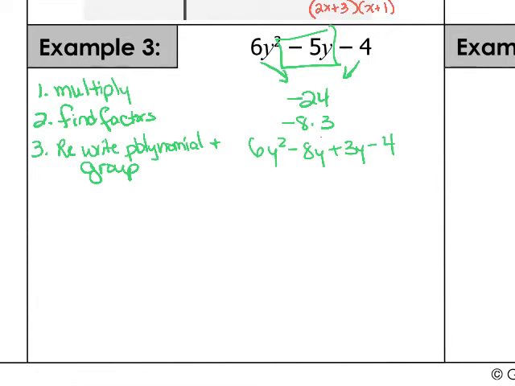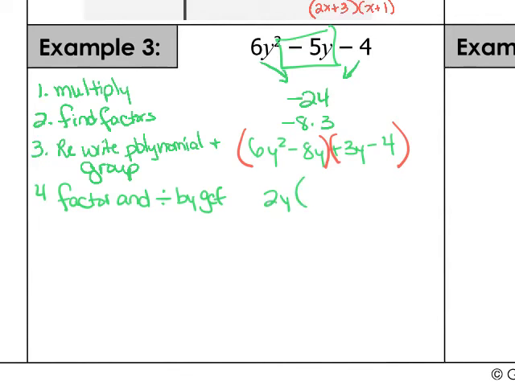Now we group the first two terms, the second two terms, and now we factor out a GCF, step 4. Factor and, well, really should say, and divide by GCF. So what's the GCF in the first one? 2y.